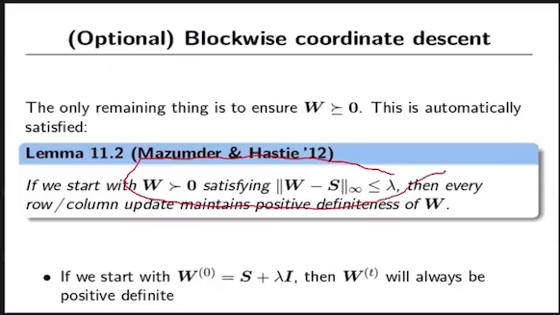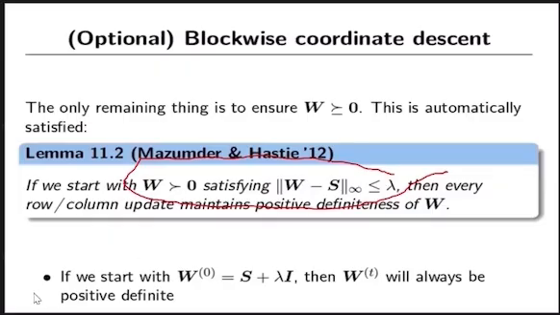If I start with a working covariance matrix or precision matrix, and I ensure it is positive definite, then the only condition under which I can retain that positive definiteness throughout is when I restrict the absolute difference between the working matrix and the sample covariance within the regularization parameter. And that's exactly what I mean.